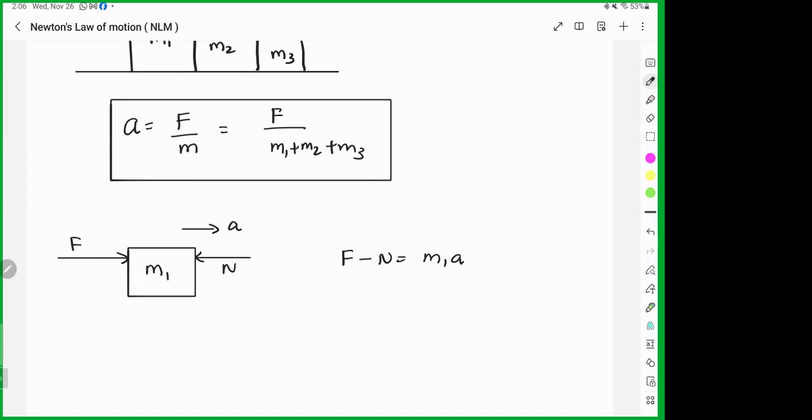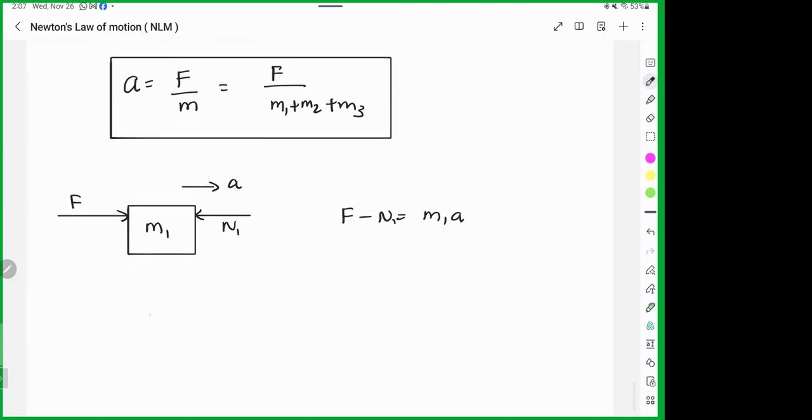For example, this is N1, normal reaction. Now, you take the second mass, M2. Now, there is a normal reaction on it from this side, and there is a force from the other side.